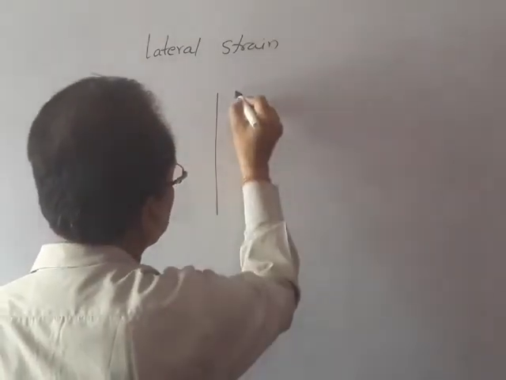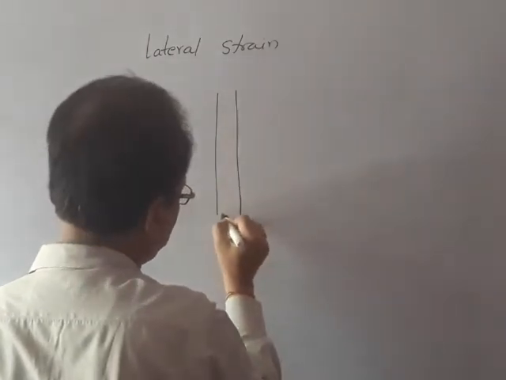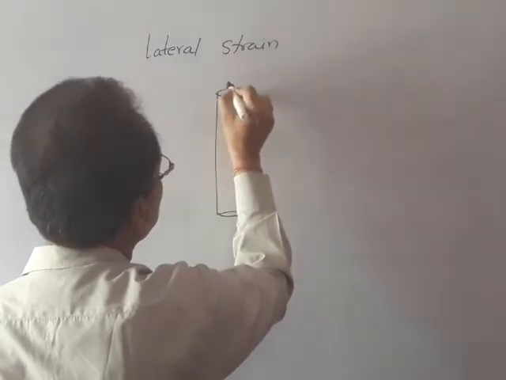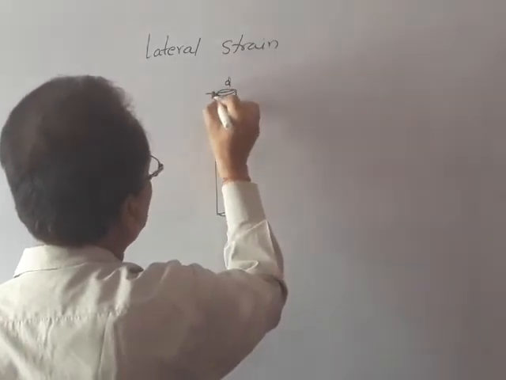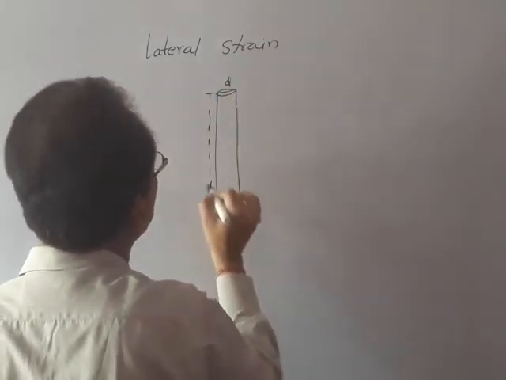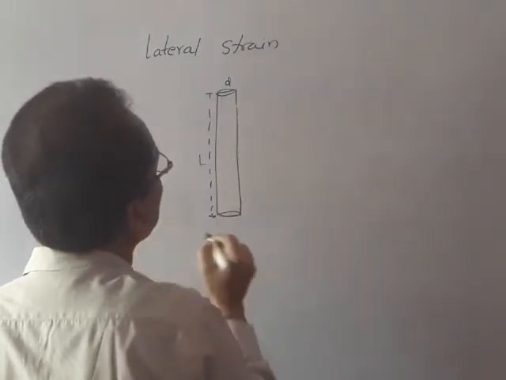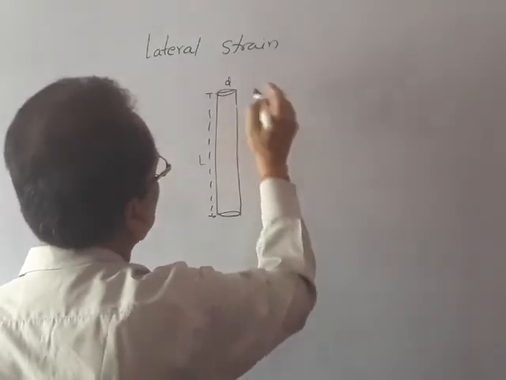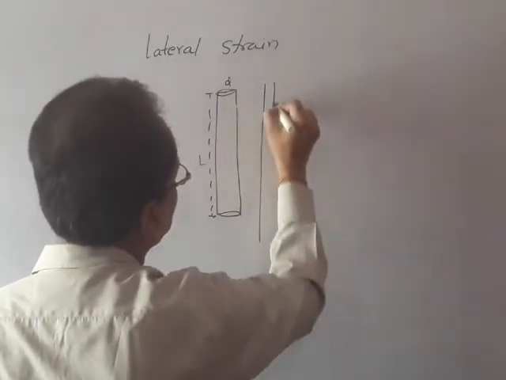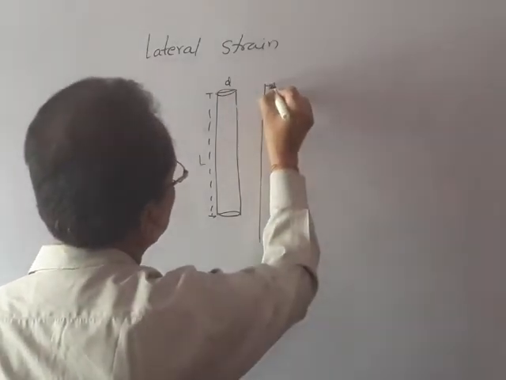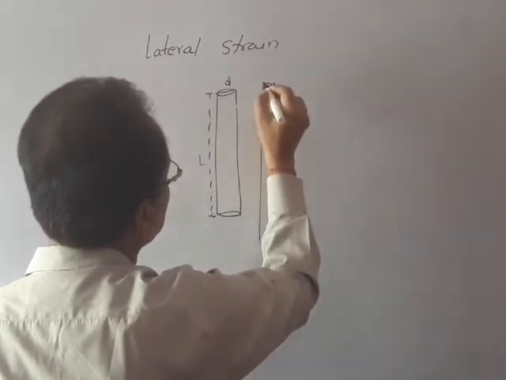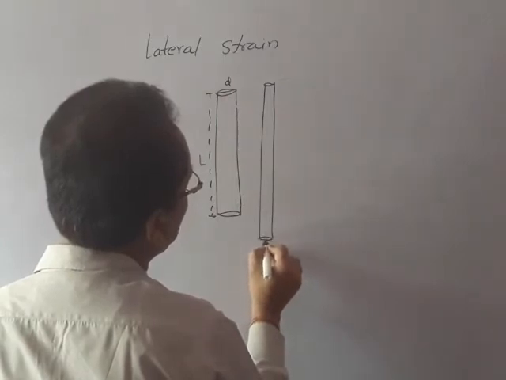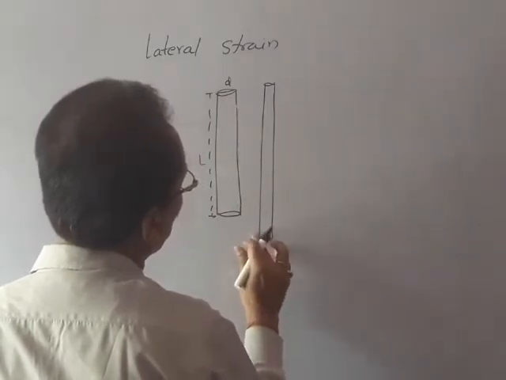Just see, this is a rod whose diameter is D and length is L. Now, the upper face of this rod is fixed, and an external deforming force is applied at its lower end.